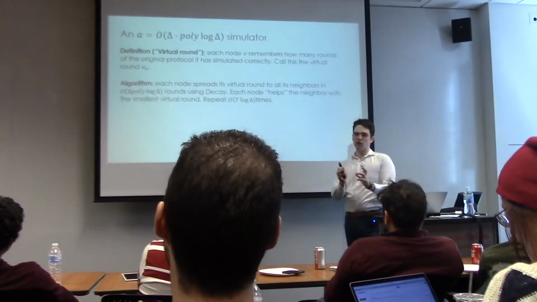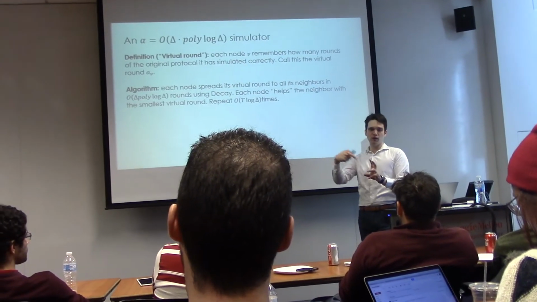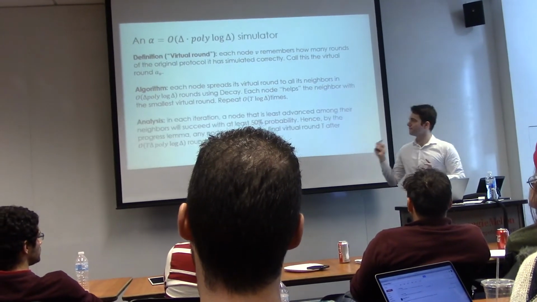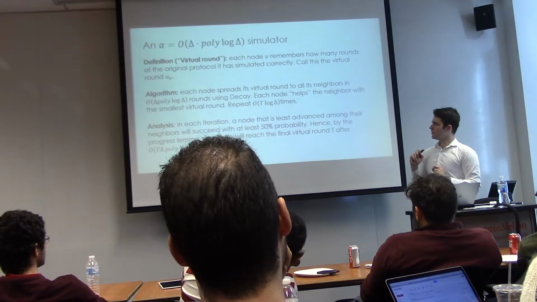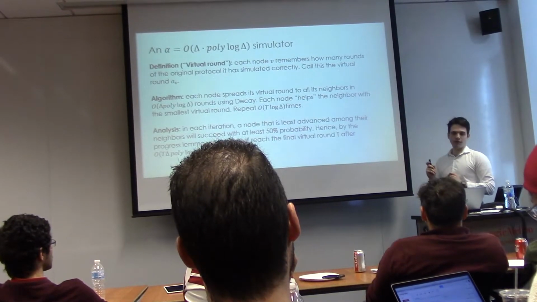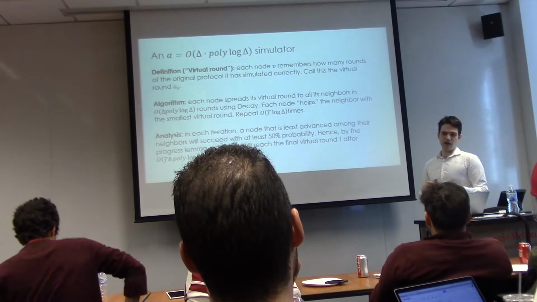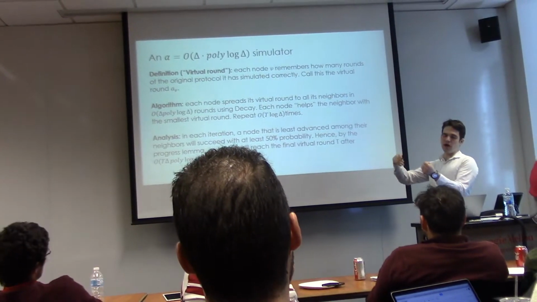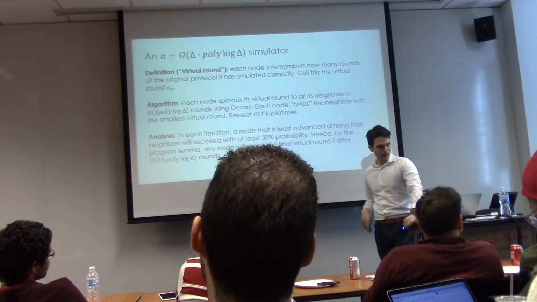If there is a node who is the minimum among its neighbors, everyone will help him. If you're the minimum in your neighborhood, you will succeed with 50% probability. Everyone will help you, and when they help you, the message that you need will go through with 50% probability. Fine.